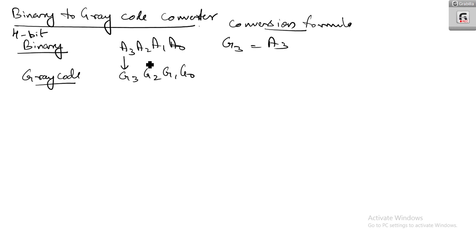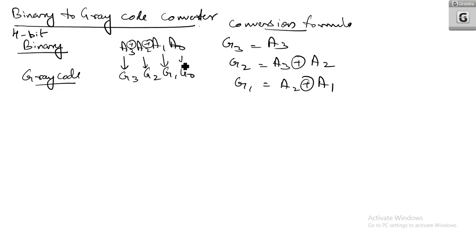G2 is A3 XOR A2. G1 is A2 XOR A1. And G0 is A1 XOR A0.